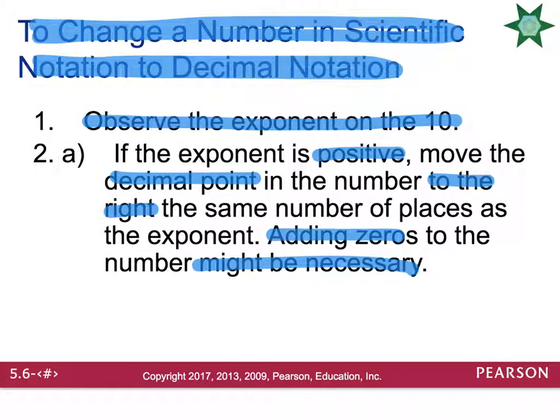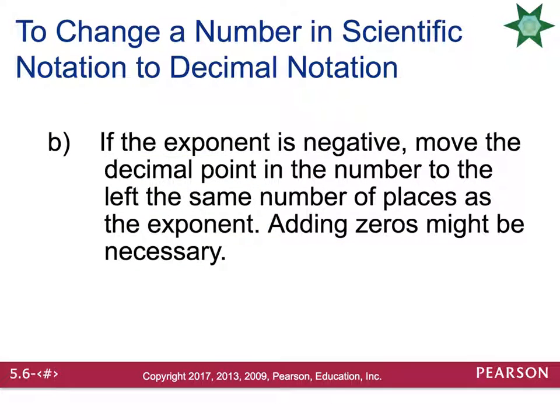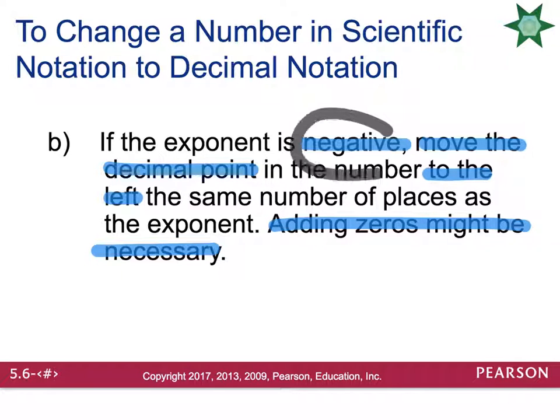So if it's positive, we move it to the right. If the exponent is negative, we move the decimal point to the left, however many places it says. And we may have to add zeros again. So if it's negative, we move to the left.